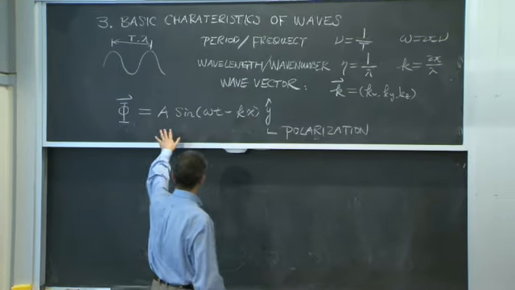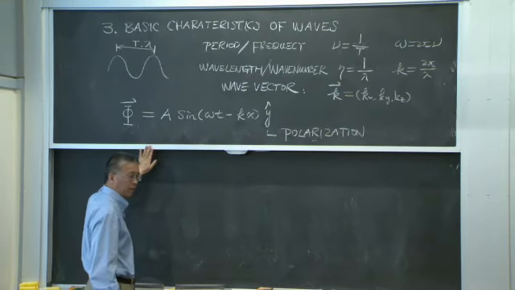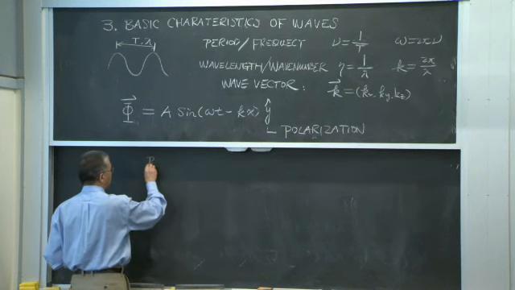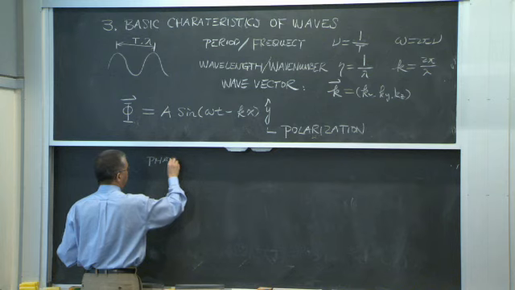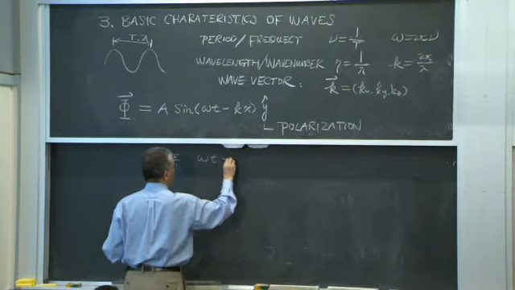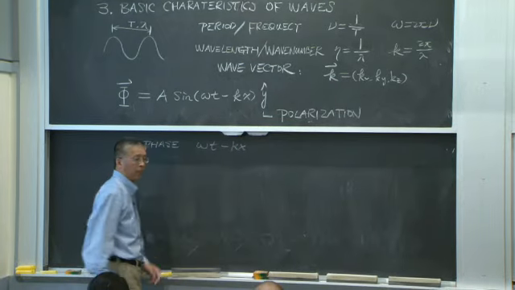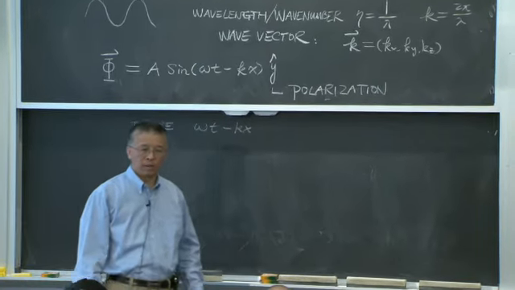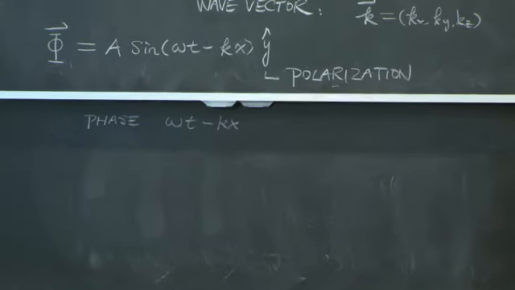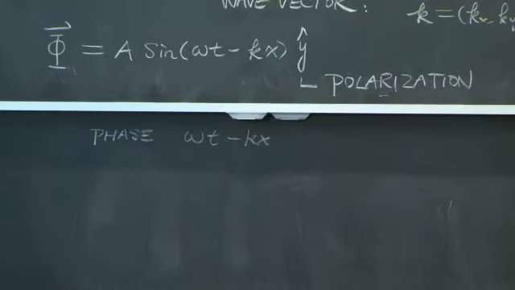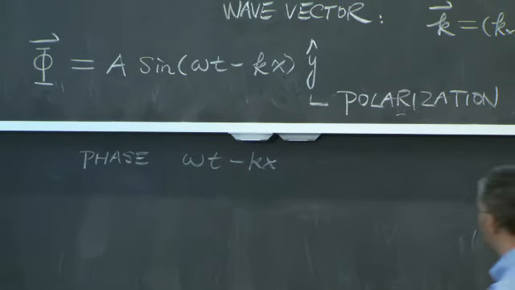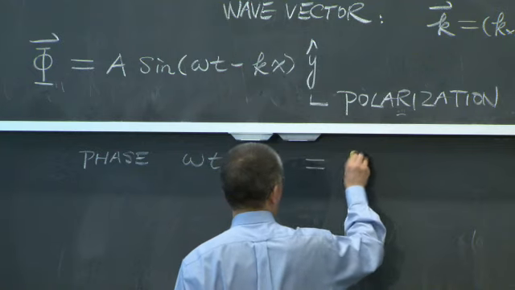Of course, A here is the amplitude. And somebody mentioned the phase. The phase of the wave is what's inside, so omega t minus kx. That's the phase. And for a constant phase, a plane of a certain phase value, that's a constant phase plane.